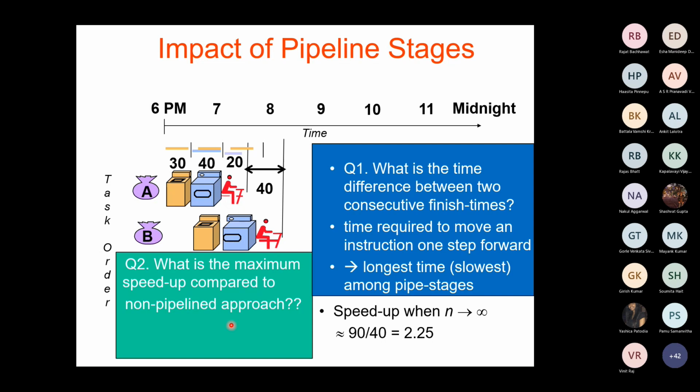You can have at most a speed up of 5-fold, not more than that. If you have long pipelines, for example, in floating point and so on, you can have a much better speed up there. So the maximum speed up is limited by the number of pipe stages. So once you understand these two things, the answer to question 1 and question 2, you are done.